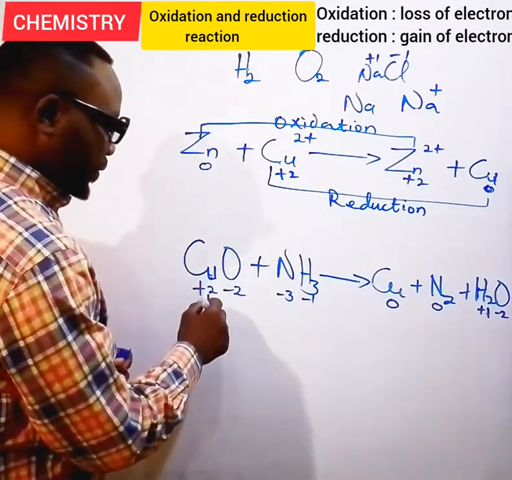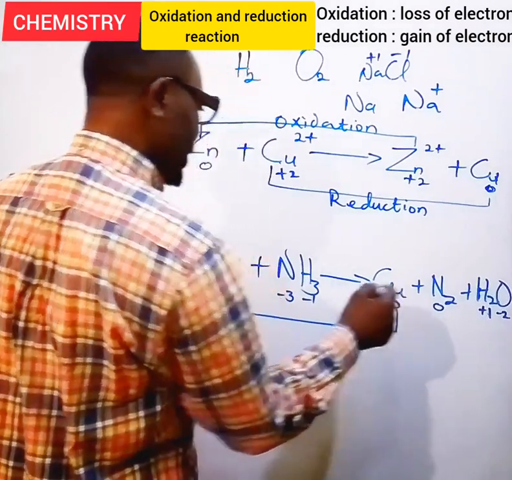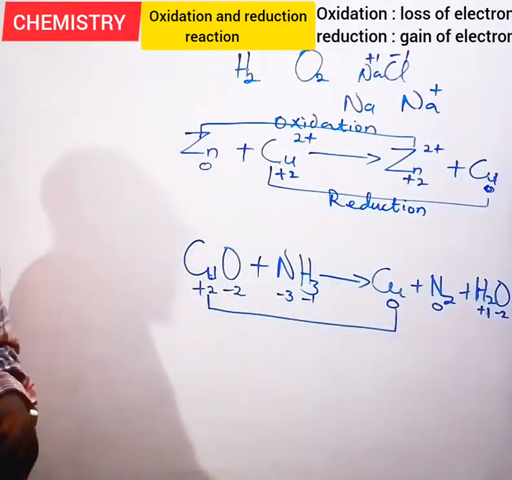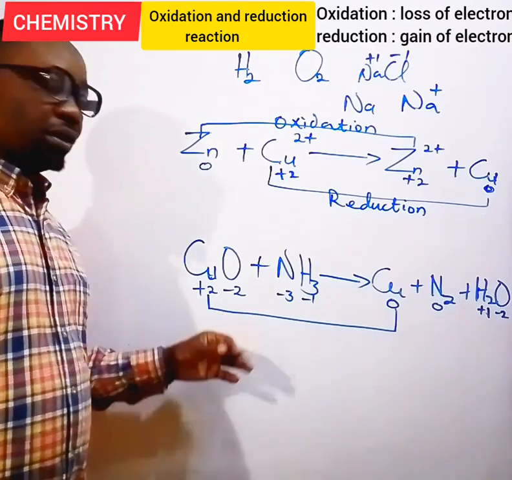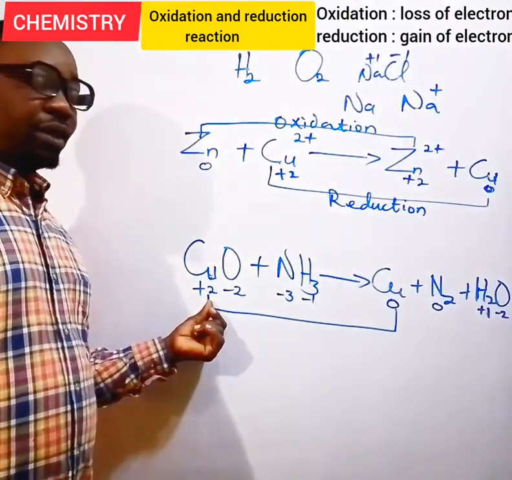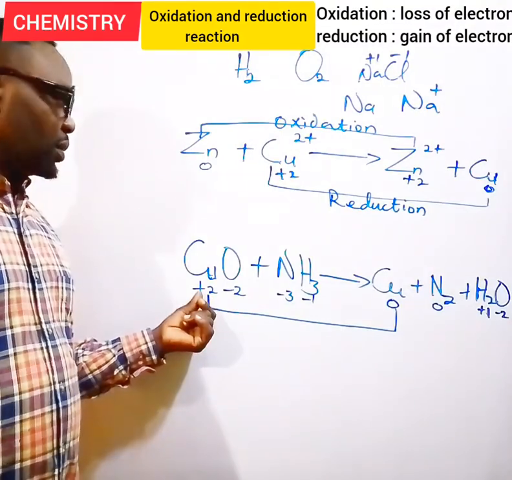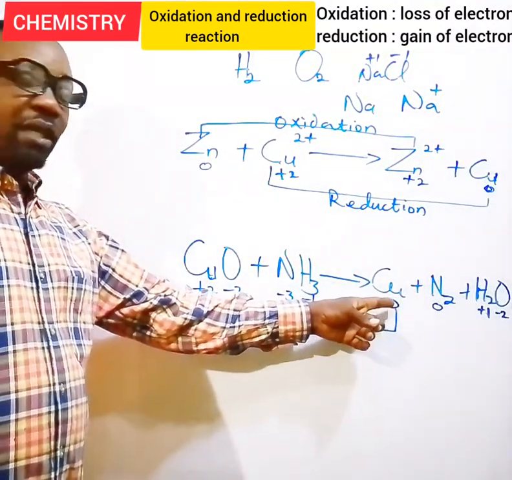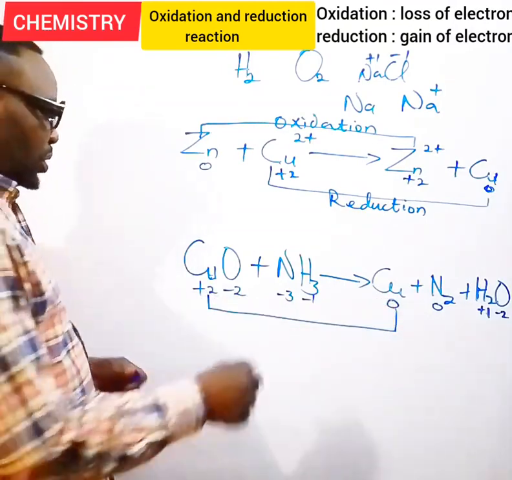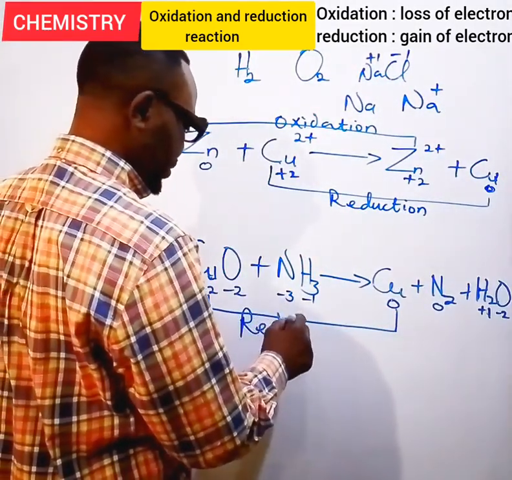You can see from +2 to 0. What happened to that? It has reduced. That is reduction. That is, the gain of electron leads to a decrease in oxidation number. We call it reduction.